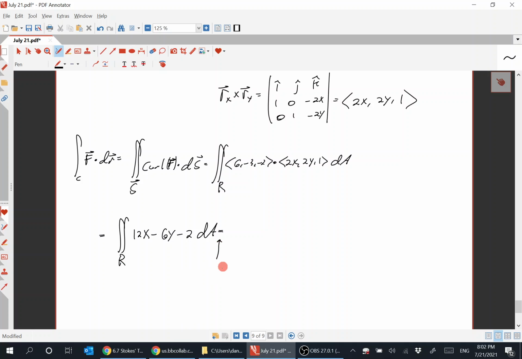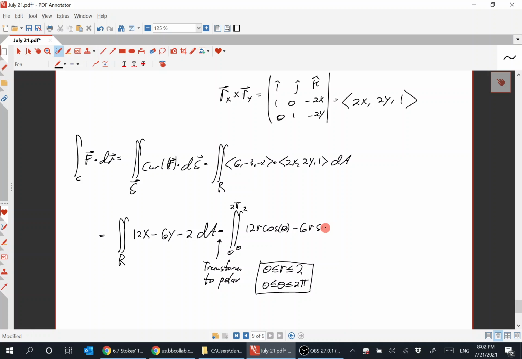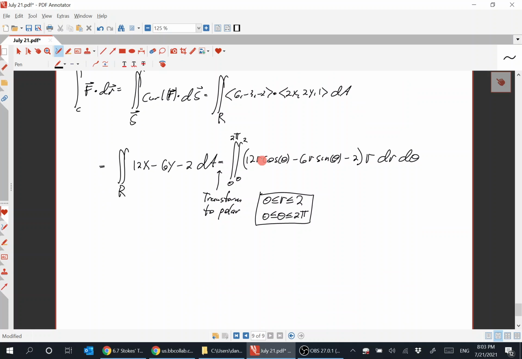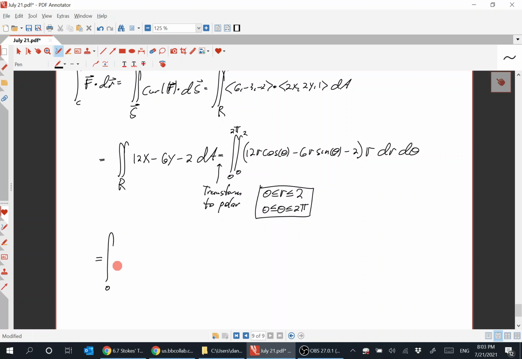Now I'm going to transform to polar: 0 ≤ r ≤ 2, 0 ≤ θ ≤ 2π. So 12x is 12r cos θ, 6y is 6r sin θ, minus 2, times r dr dθ. It's not hard, but it's not trivial.